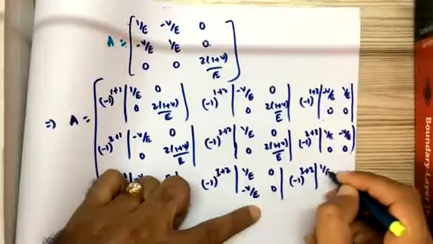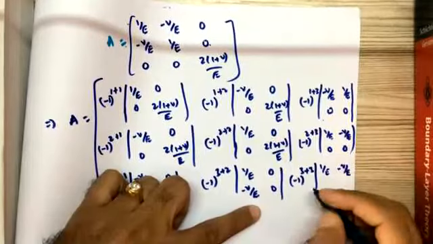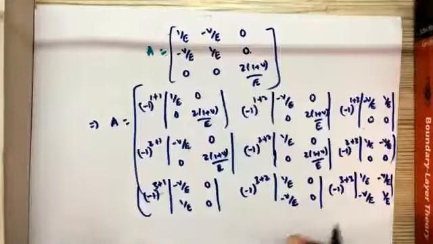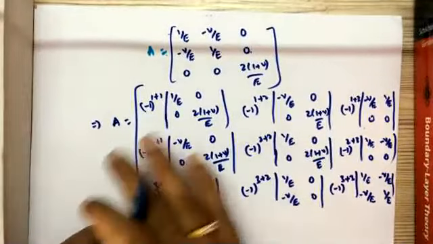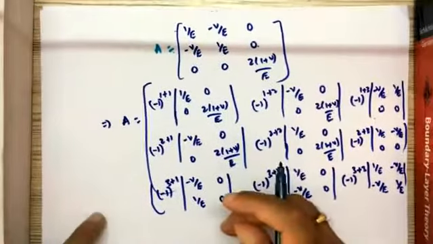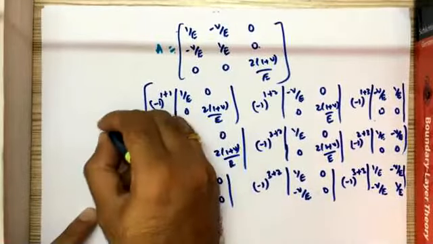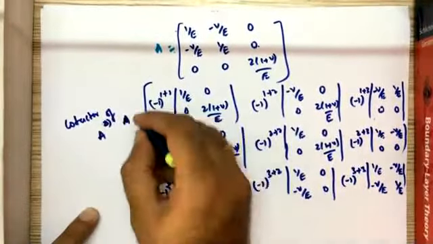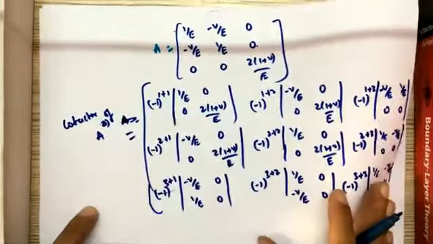Okay, so this is your matrix with all the minors. This is your cofactor matrix, cofactor of A.